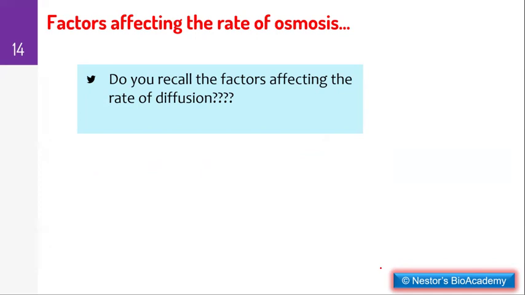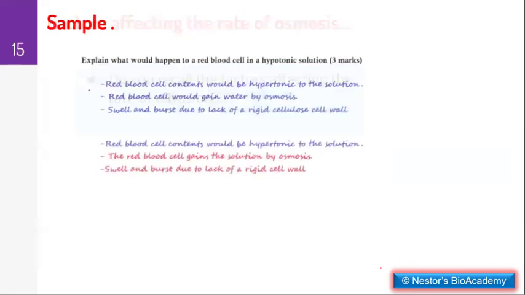Both osmosis and diffusion are essentially passive processes. Both of them do not require energy. All that they require is a difference in concentration of molecules between any two regions. So the factors affecting the rate of diffusion are the same factors that will affect the rate of osmosis.